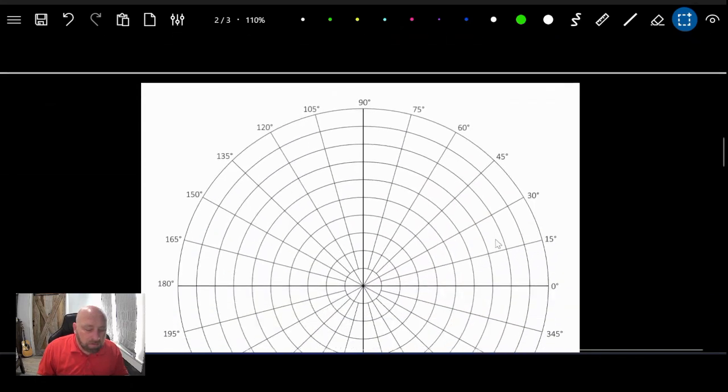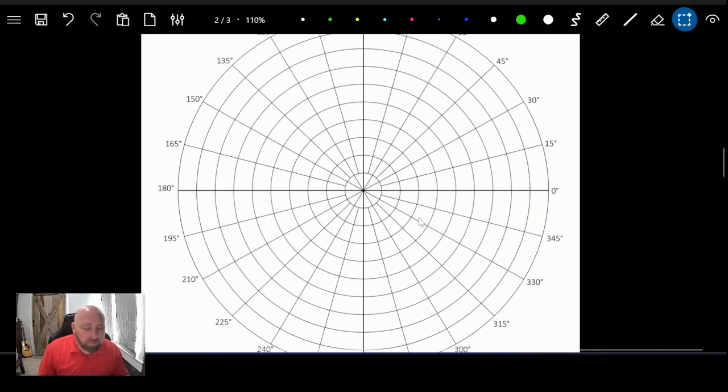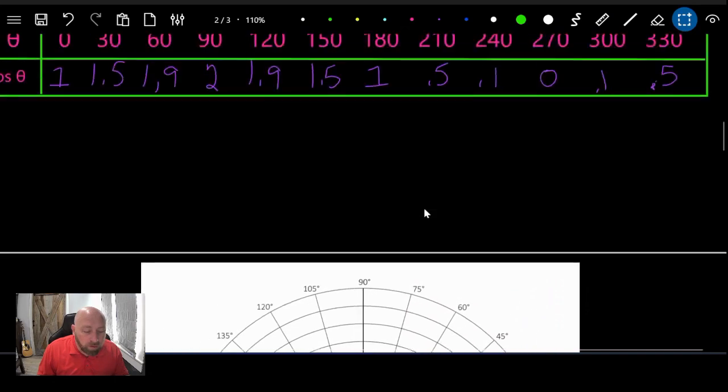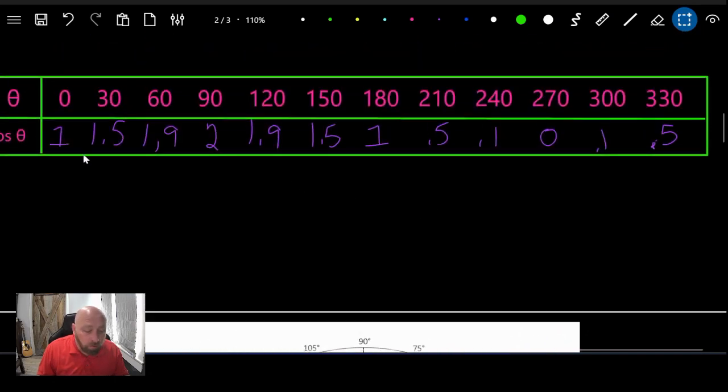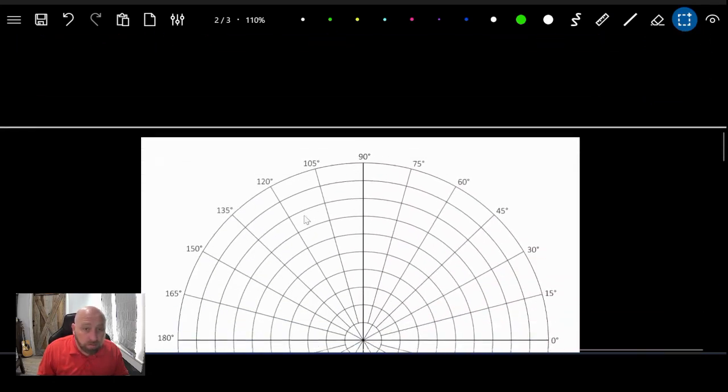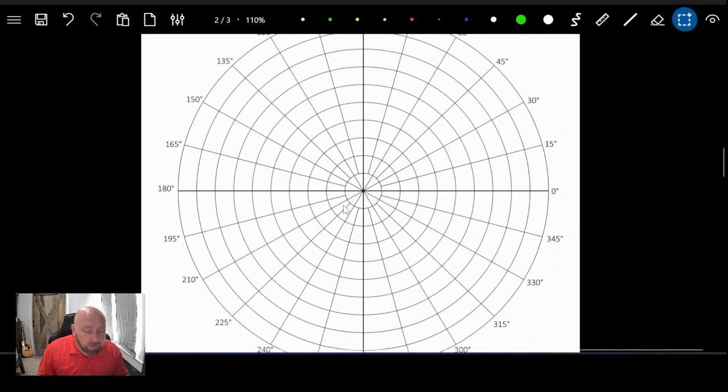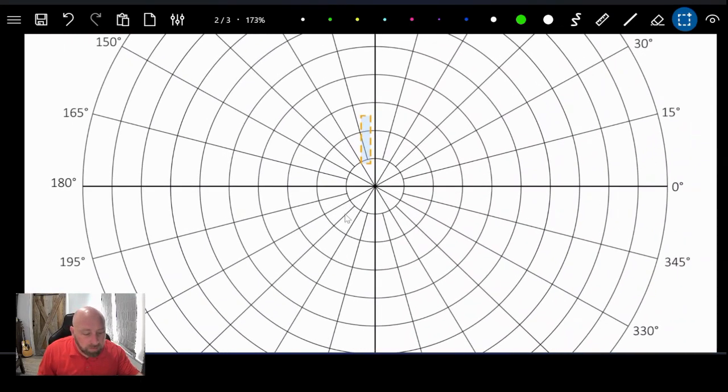Now, on polar graph paper, if we did 1 as the inner circle, think about this: we're only dealing with a really tiny area between 1 and 2, because all of our rho numbers are between 1 and 2. So I'm going to blow this up a little bit, and I'm going to make every one of these circles 0.2.